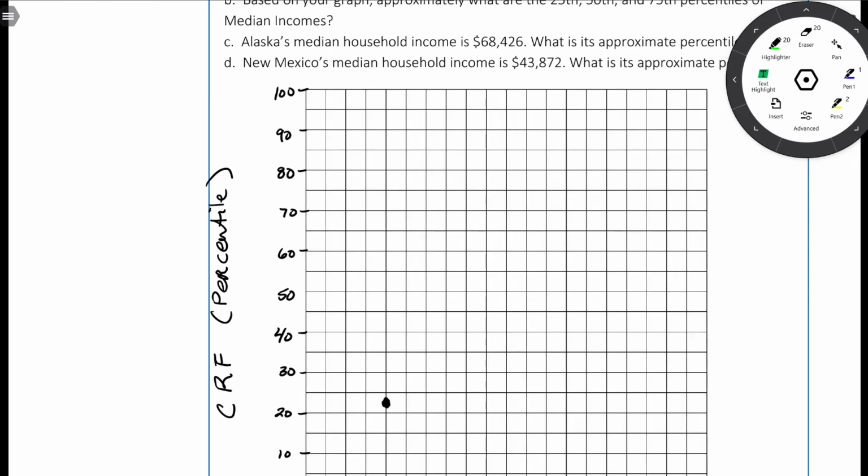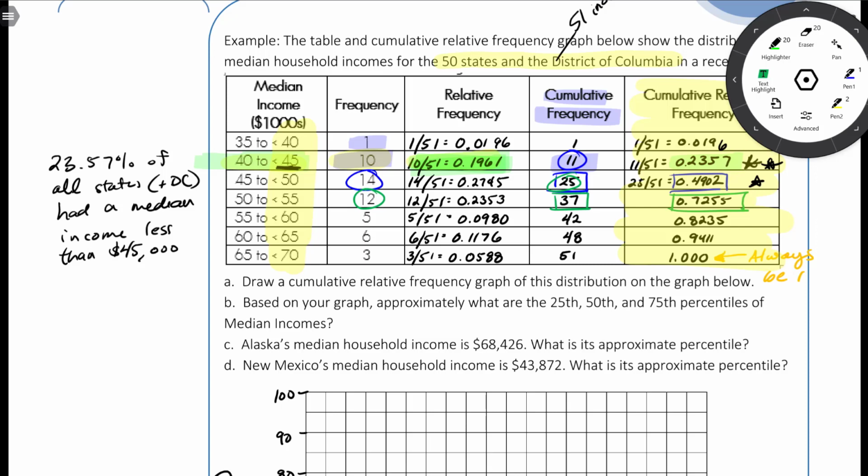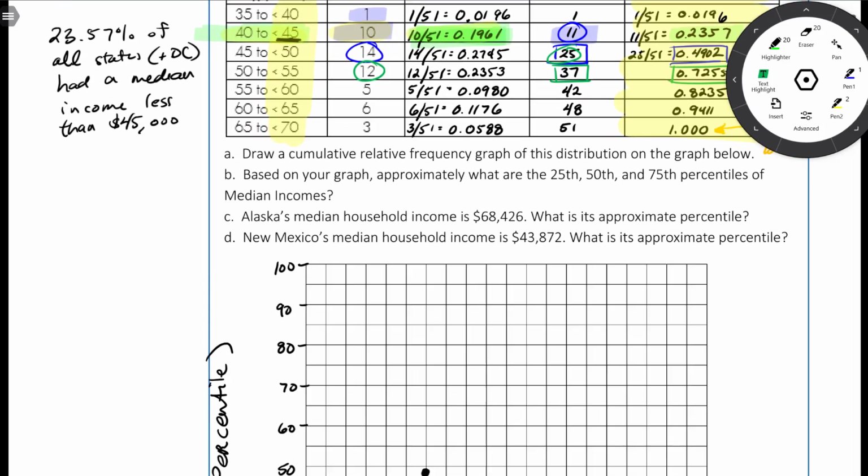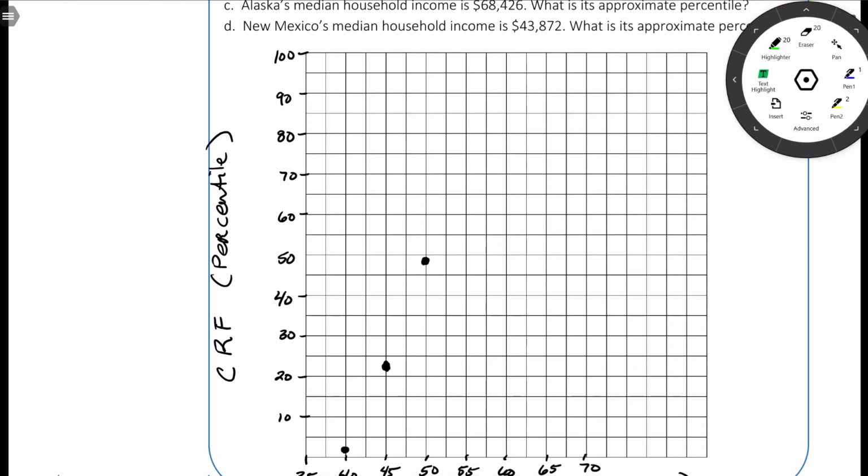So I'm going to graph 50, 0.4902, just below 50 on the y-axis, right about here. The next one we have is 0.7255, which was less than $55,000, so I'm going to graph 55, 0.7255. I'm going to speed up the video here and finish out this graphing, but you guys can still see it and follow along with how we make it.